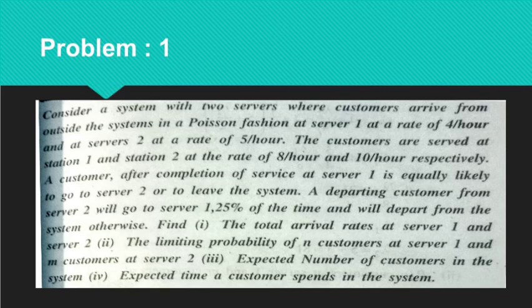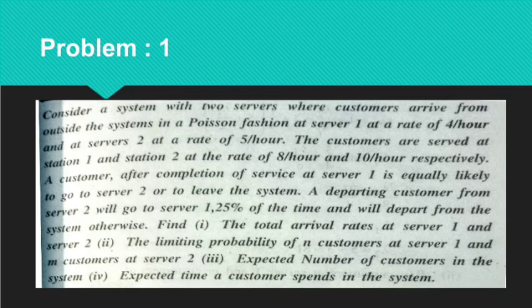So the probability that customers go from server 1 to 2 is 1 by 2, and the probability that customers leave from 1 to 0, that means outside, is 1 by 2.